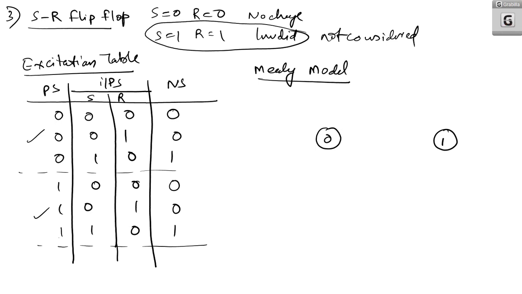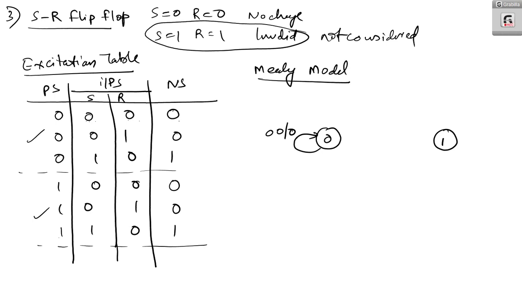Now if input is 0, 0, what is the output? 0. If input is 0, 0, the output is 0, that becomes the next state.